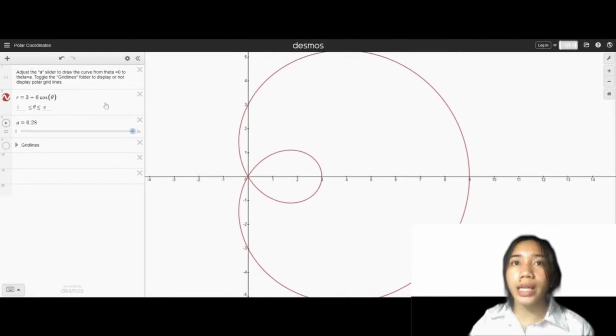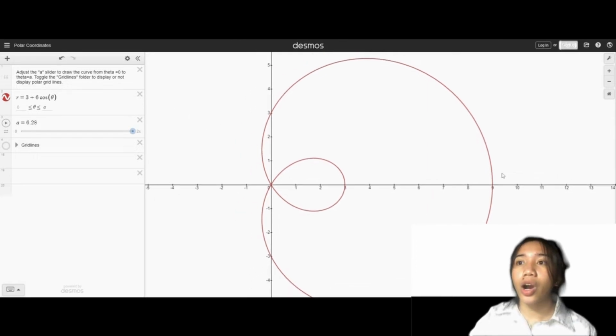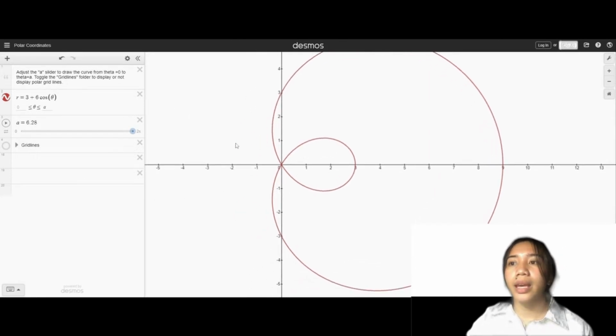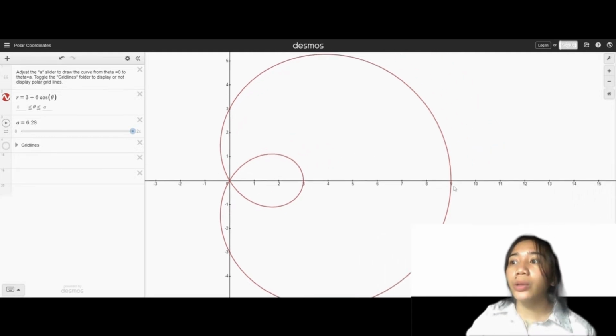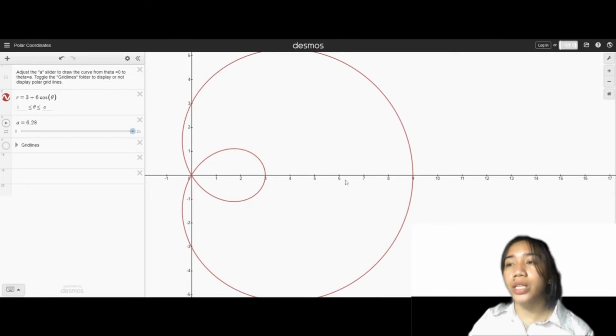Again, as we have cosine in our equation, as we observed earlier, the graph is horizontal. And then, for the length of our outer curve, we will just add 3 plus 6. So we have 9 units for our outer curve.